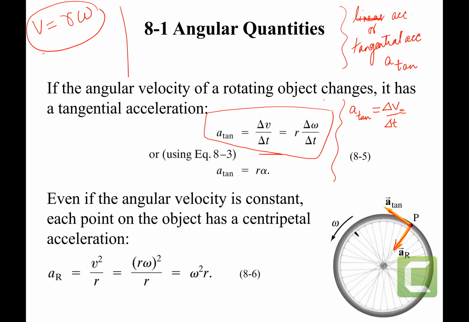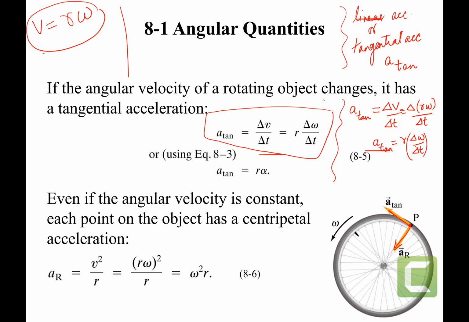So that will be equivalent to delta R omega divided by delta T. Now again, we'll do the same thing. R is constant, so R does not change. So A tangential, which is also the linear, R comes out, we get delta omega over delta T.